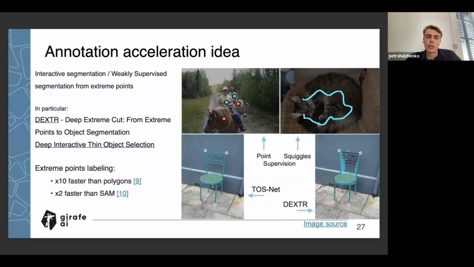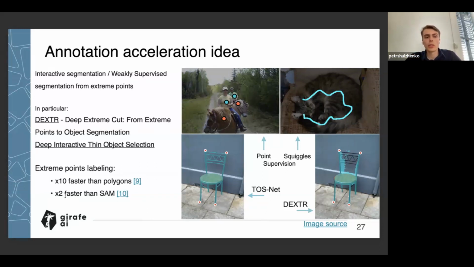Also, there are variants of this model which better perform on thin and small objects, but we were satisfied with this Dexter model. So from our experience, it's something around 10 times faster than just making your annotations in CVAT by polygons.